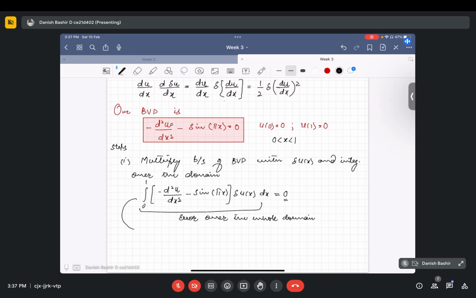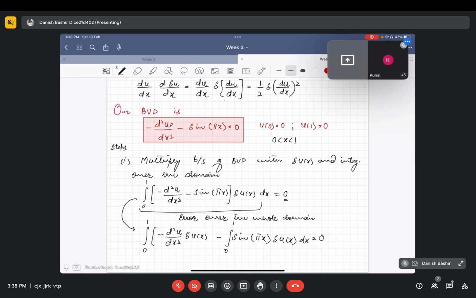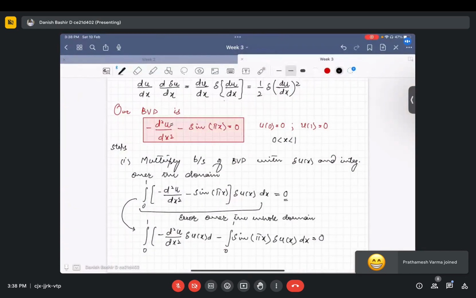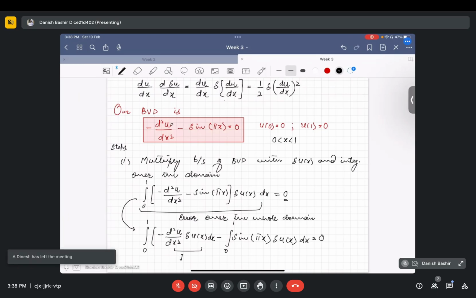So this will be integral from 0 to 1 of minus d2u by dx square multiplied by the variation of u of x, then minus integral from 0 to 1 of sine pi x times the variation of u of x dx is equal to 0. Here we have the first term and the second term. I just simplified this integral for you people.